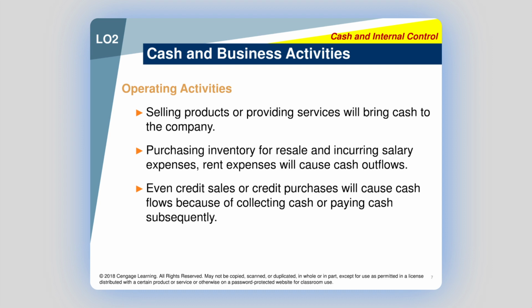You purchase inventory for resale, incur salary and rent expense, which also cause cash flows. And even credit sales or credit purchases will cause cash flows because of collecting cash or paying subsequently. And that would be your day-to-day operations.